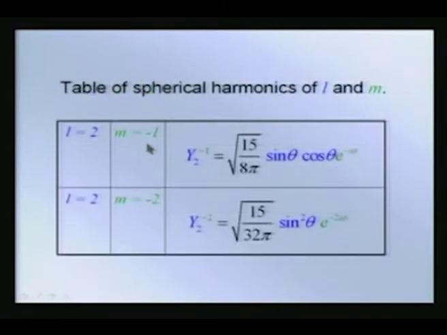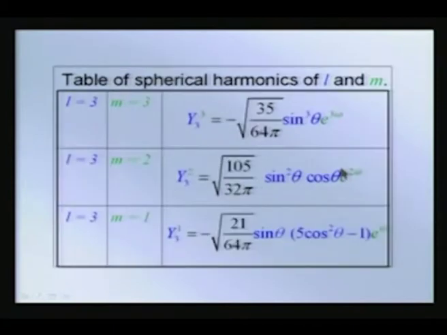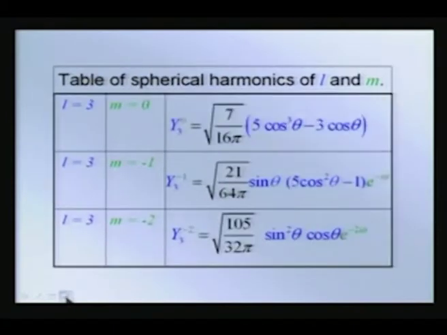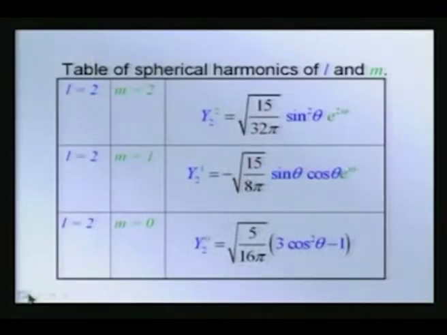For m equal to minus 1, the phi dependence is e to the minus i phi. For m equal to minus 2, the phi dependence is e to the minus 2i phi. Basically what you see is that whatever is the corresponding value of m, the phi part seems to be e to the i m phi. In fact, that is a rigorous solution that one can obtain by solving the angular part using mathematics. What about the theta dependence?